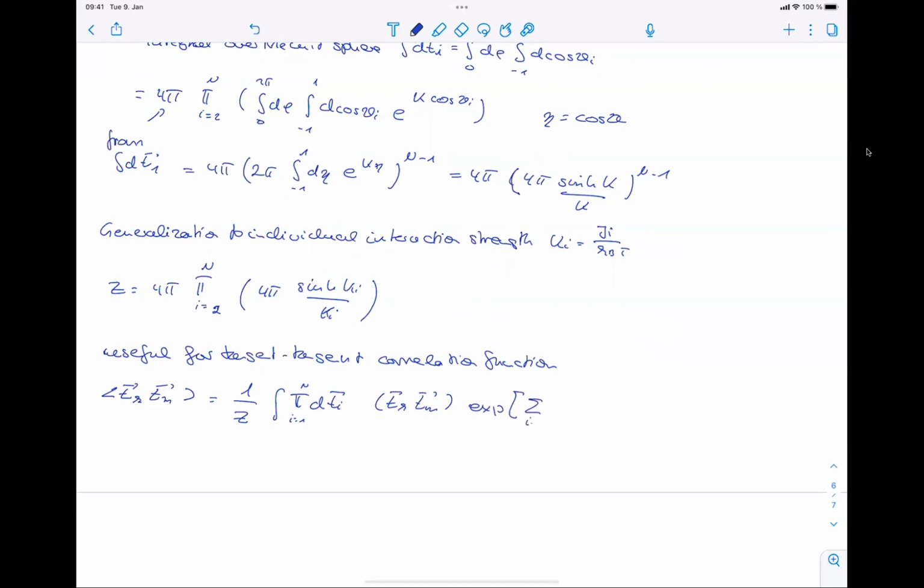here generalizing this from i to n minus 1, k_i, t_i plus 1, knowing that we want to evaluate this with all interaction strengths being equal.